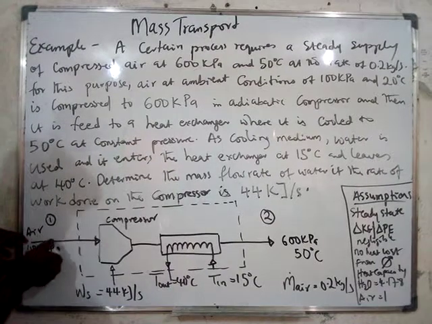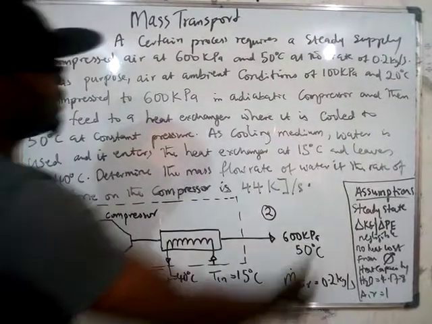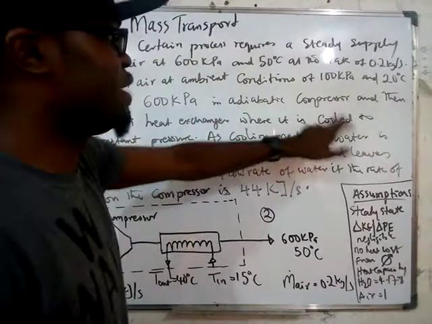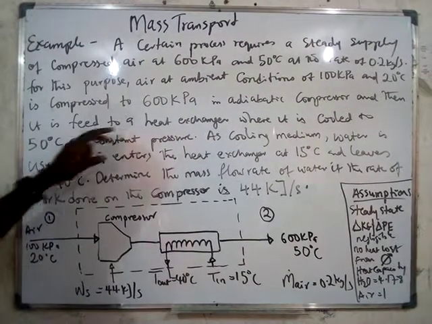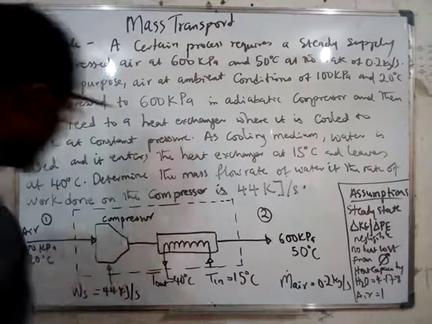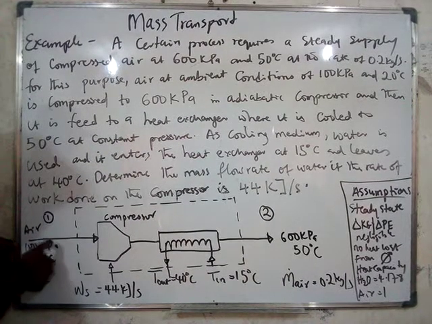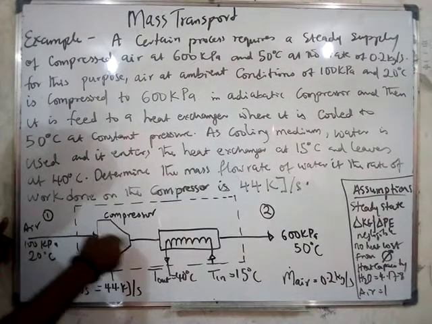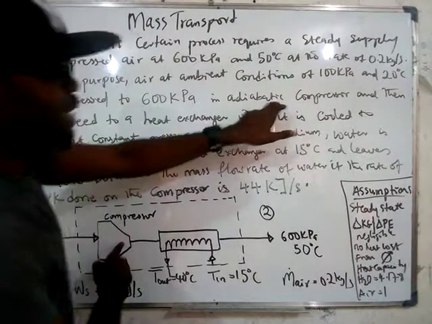So it's actually this air that you compress to 600 kilopascal. This one is having more pressure in an adiabatic compressor, and then is fed to a heat exchanger. So for you to convert this 100 kilopascal to 600, you have to pass it into an adiabatic compressor.